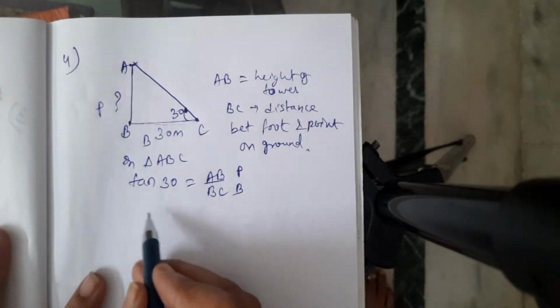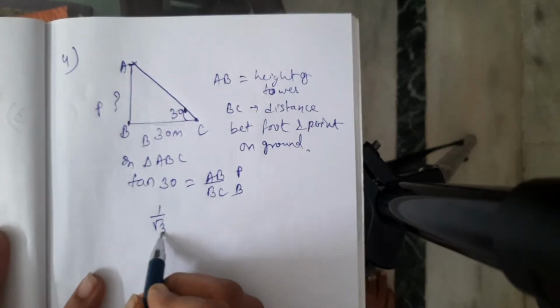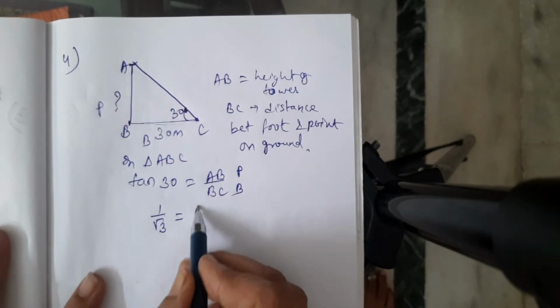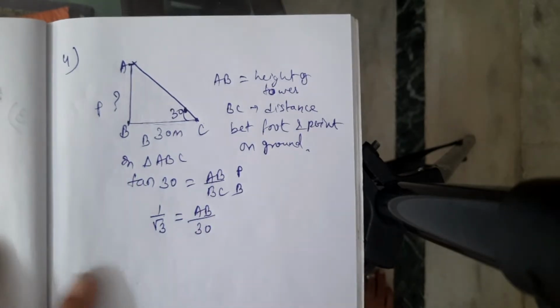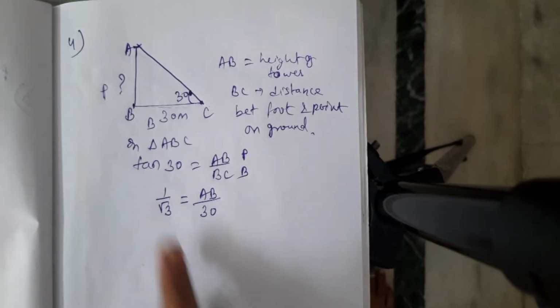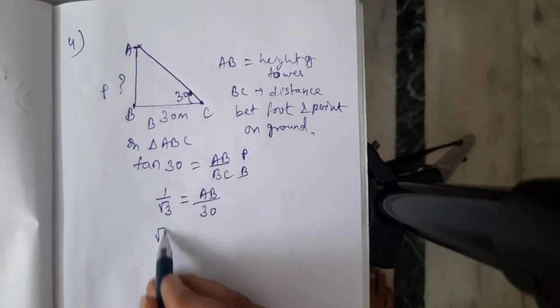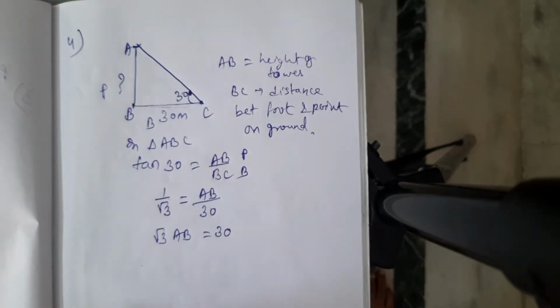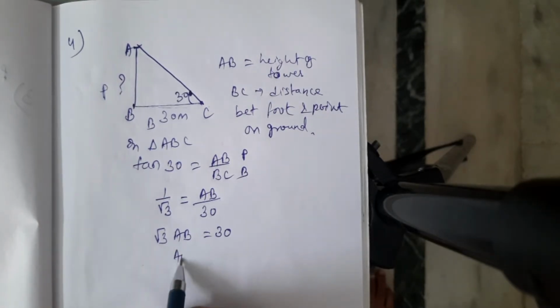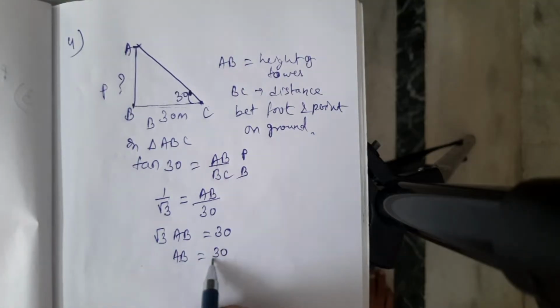Value of tan 30 is 1 upon root 3. AB we need to calculate, BC is given 30. So let's have cross multiplication. So here root 3 AB is equal to 30. Now AB is 30 upon root 3.